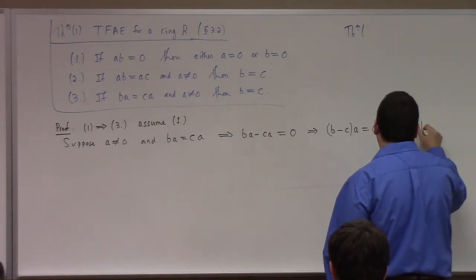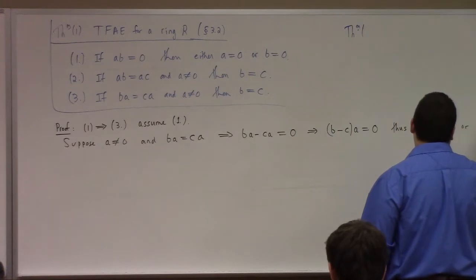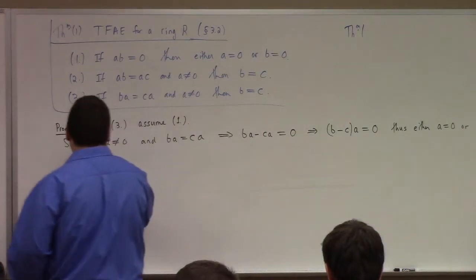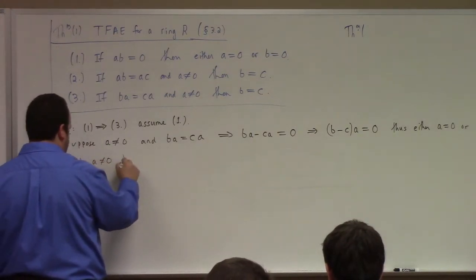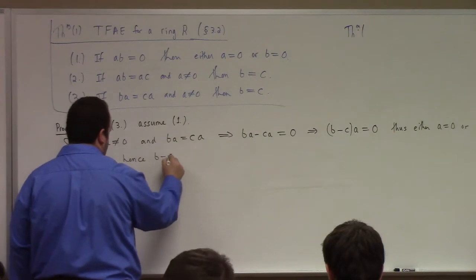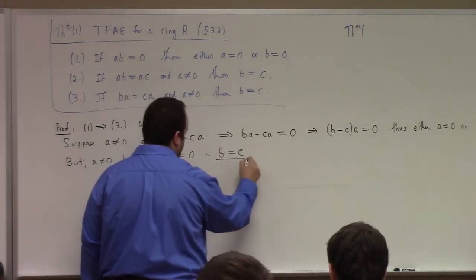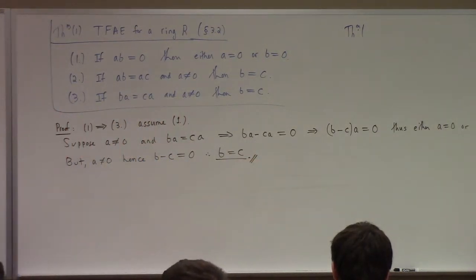Thus, either A is equal to 0 or B minus C is equal to 0. But what? But A is not equal to 0. Hence, B minus C has to be 0. Therefore, B is equal to C, which is what we set out to prove. There's 1 implies 3.